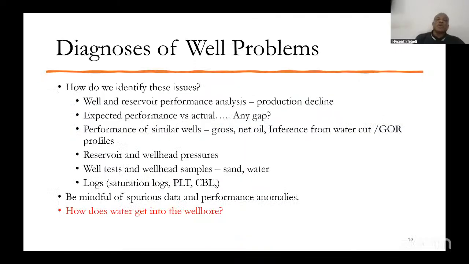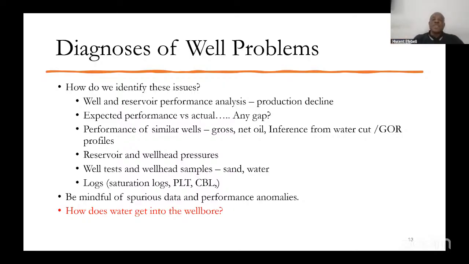So how do we now find those problems? What we do is we carry out well performance analysis, well and reservoir performance analysis. Is there production decline? If there is decline, why? Then we look at expected performance versus actual. Is there any gap? If you model this well, is it really giving you what the actual production is? Is the actual production significantly lower?